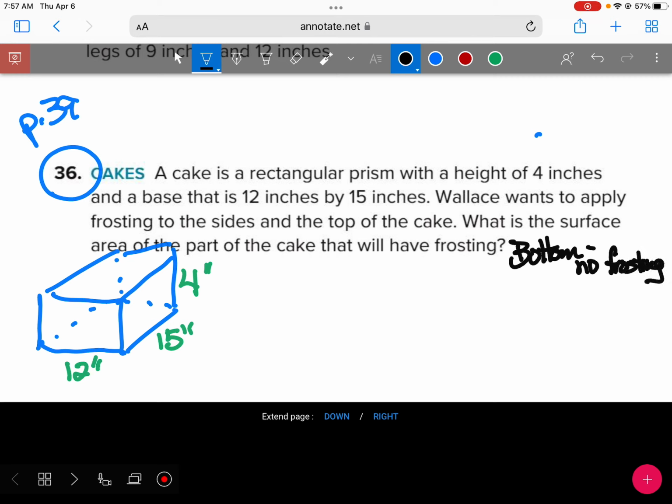All right? So surface area here is going to be lateral area plus, we used to say 2 bases, now we're just going to say the top base. Our lateral area is going to be the perimeter around times the height, plus my top base, which happens to be a rectangle.